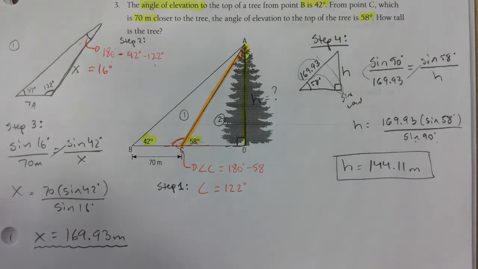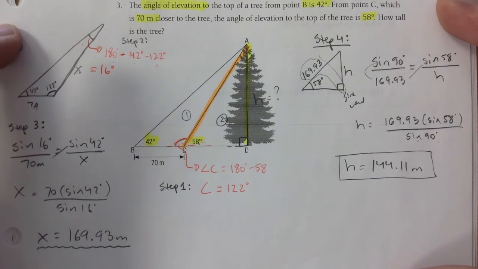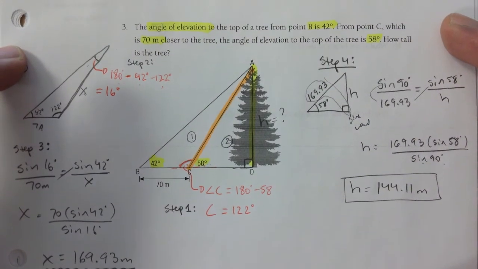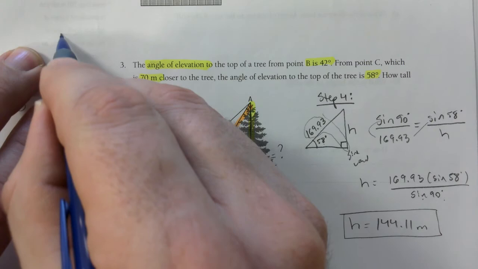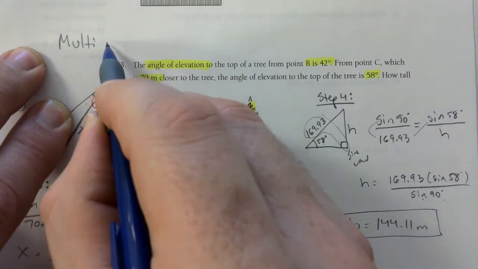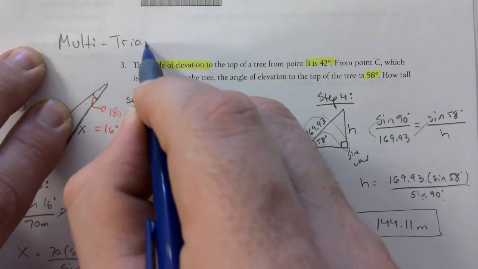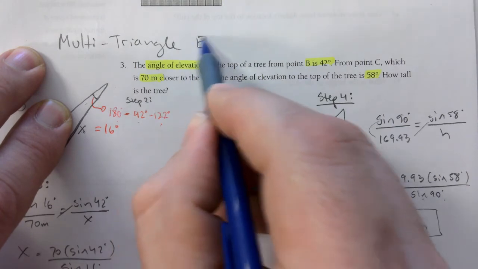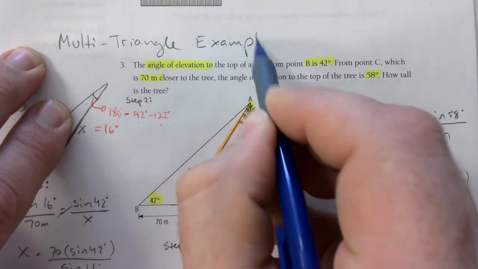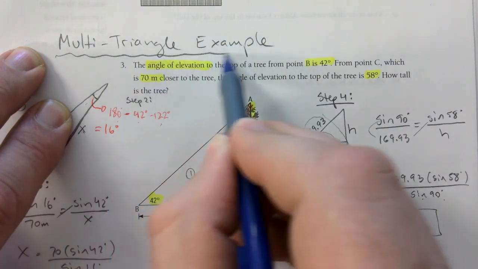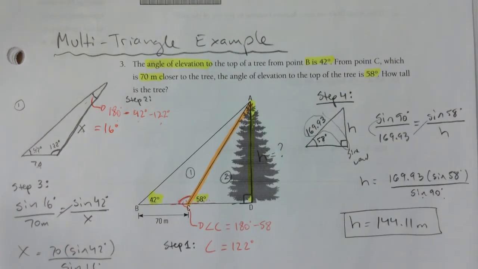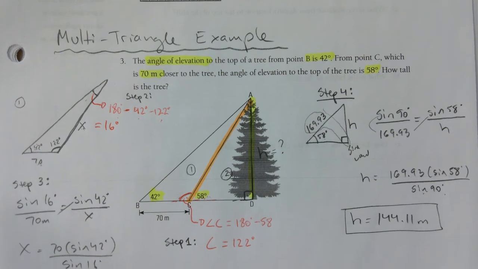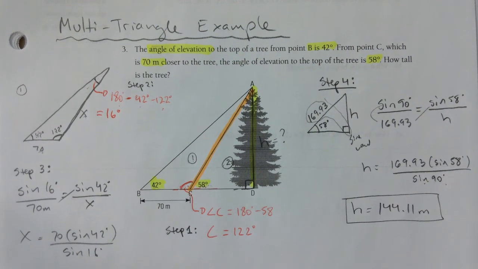I will add a heading to the top of this. I'm going to try not to cover everything. I'll just write down multi-triangle example. That way, if you flip through your notes, you'll remember a multi-triangle where I need to do a whole bunch of stuff.